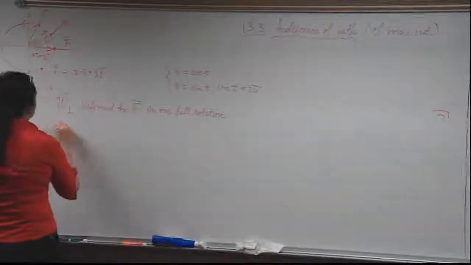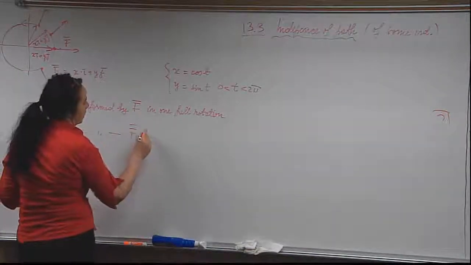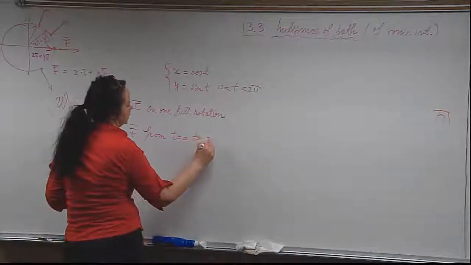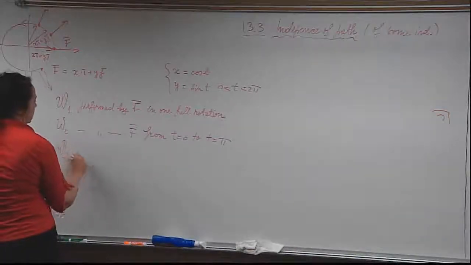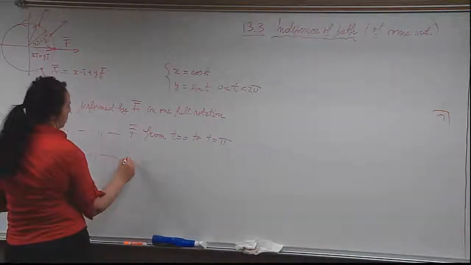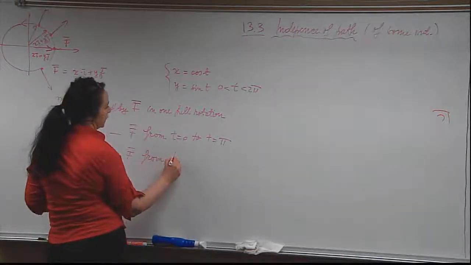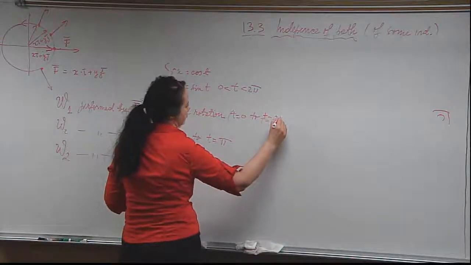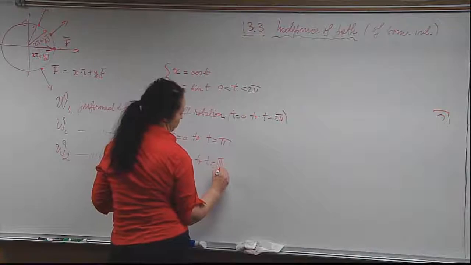And then W2, let's say, is performed by F from t equals 0 to t equals pi. I want that as well. And W3 performed by F from t equals 0 to t equals pi over 4.